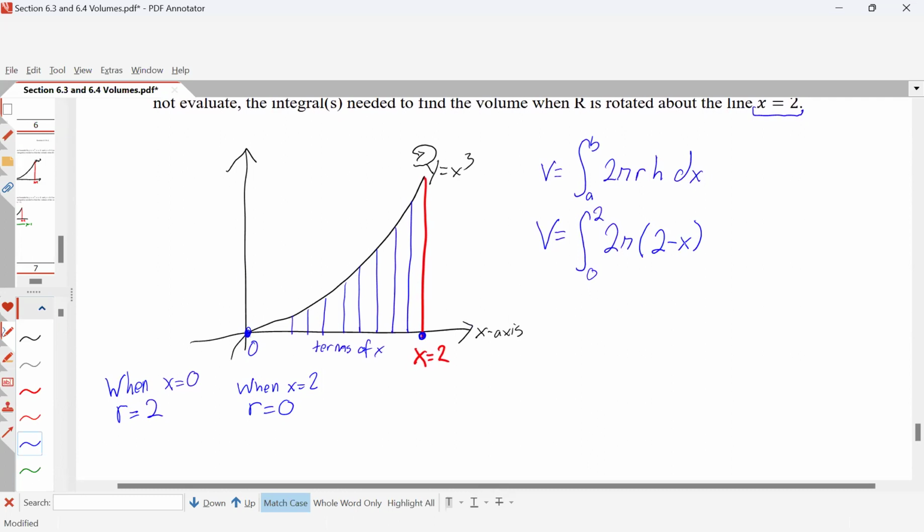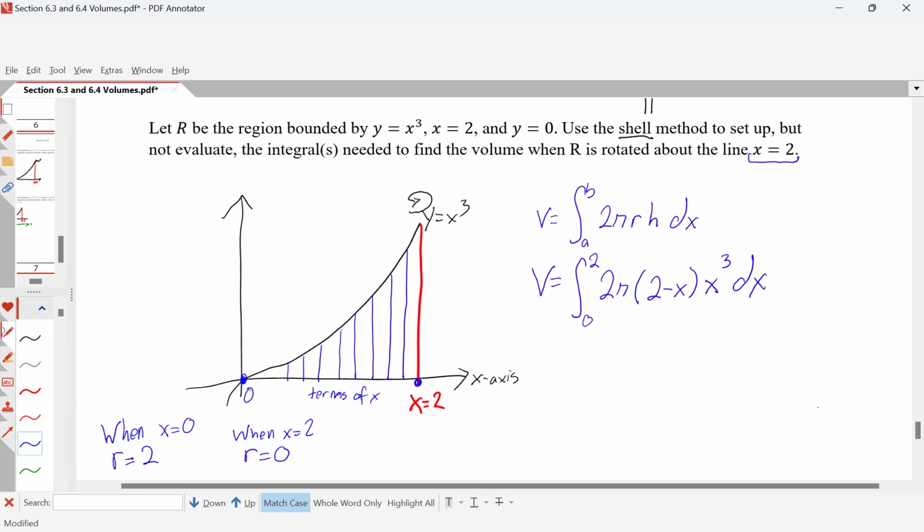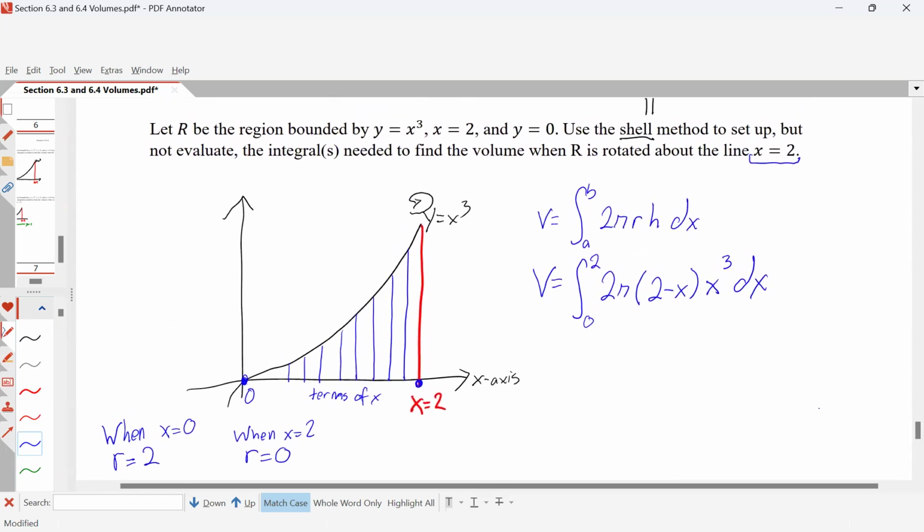When I plug in 0, I get a radius of 2, and when I plug in 2, I get a radius of 0. So our radius is 2 minus x. And then our height is still just our function unchanged. It's in terms of x, so our function is x cubed dx. And that integral would find our volume of rotation for this problem.